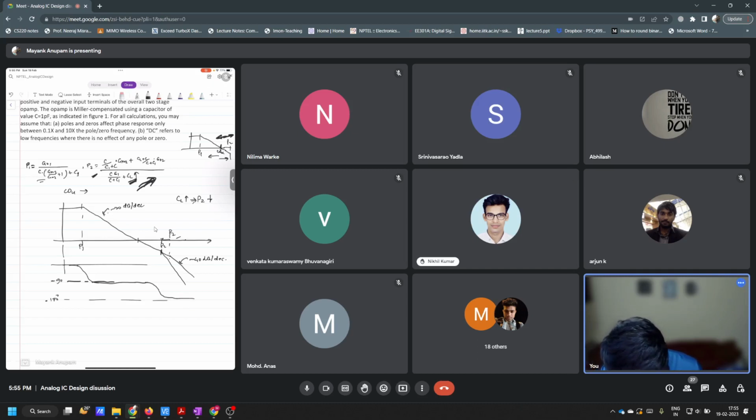But when P2 is shifted in this direction, then the phase plot will look something like this. So it comes like this here, and it will start dropping here itself. Okay, so you see that in that case your phase margin will become poor, isn't it?